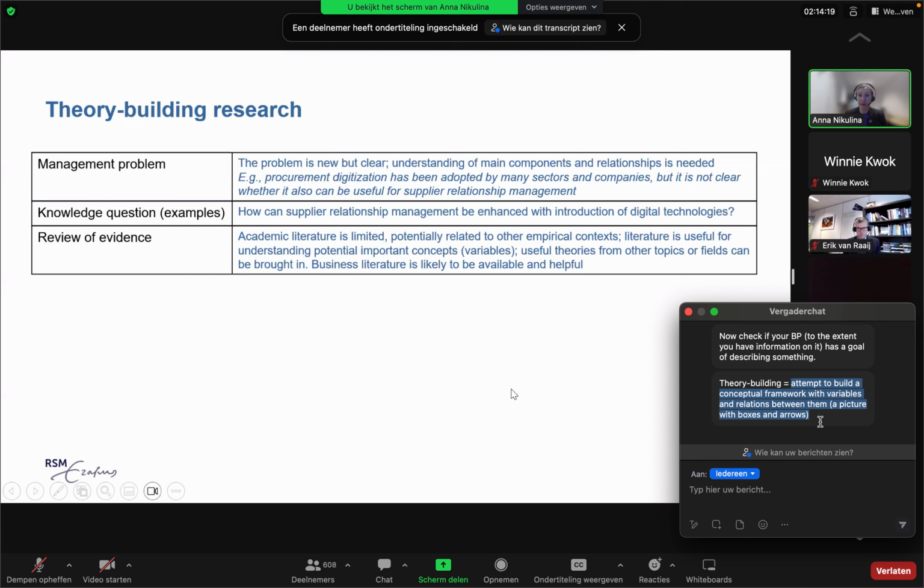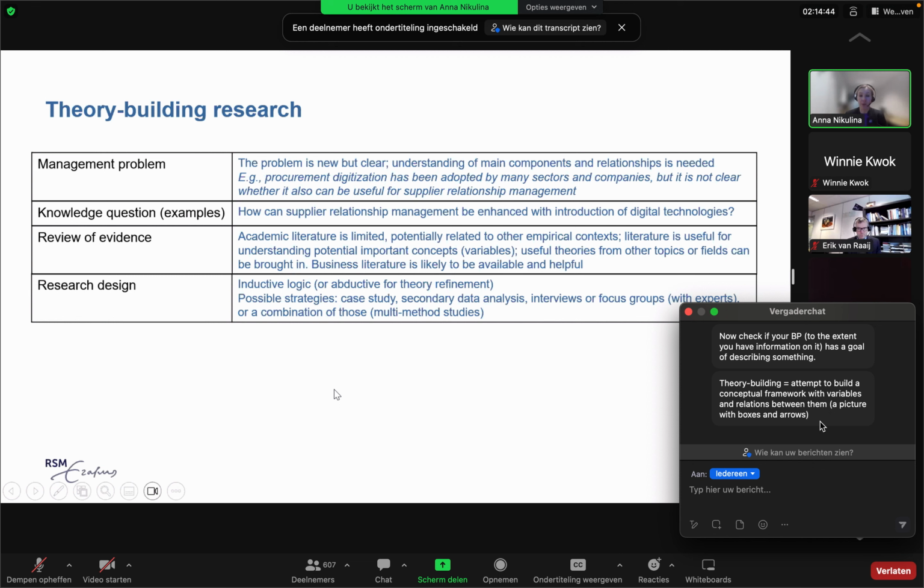You definitely should be able to understand the most important concepts or variables from literature. You can probably have a range of theories that will help you to work with this topic, and you do expect business literature to be quite rich on this topic already, because business literature tends to develop faster than academic, and it should already be there to help you in your own research.